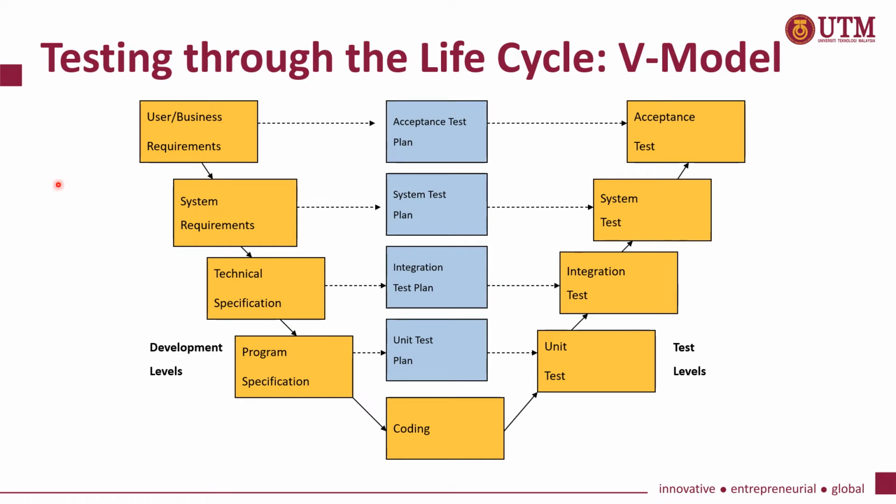Point number 4. The left branch represents the development process. During development, the system is gradually being designed and finally programmed. Point number 5. The right branch represents the integration and testing process.